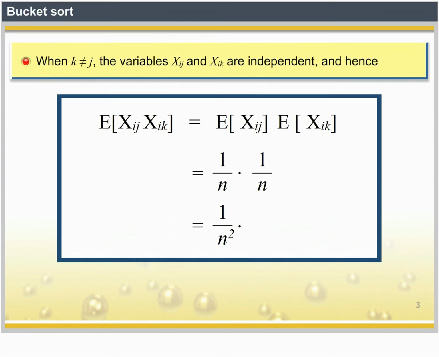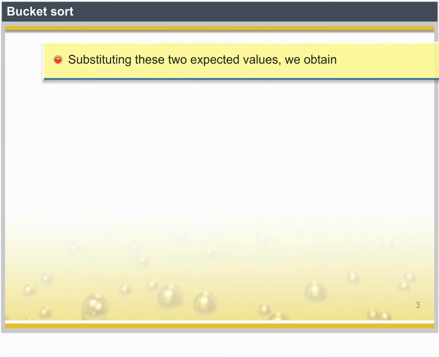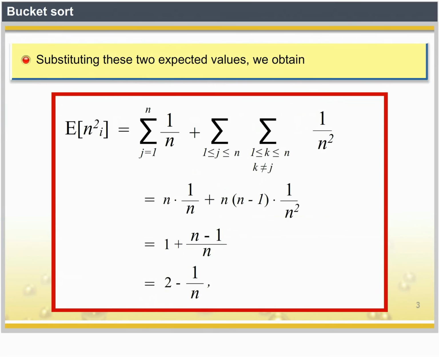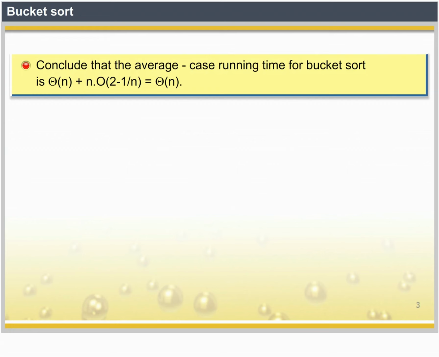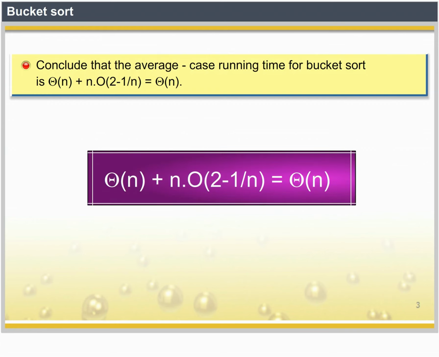Substituting these two expected values, we obtain the following result. Conclude that the average case running time for bucket sort is big theta of n plus n into big O of 2 minus 1 by n equals big theta of n.